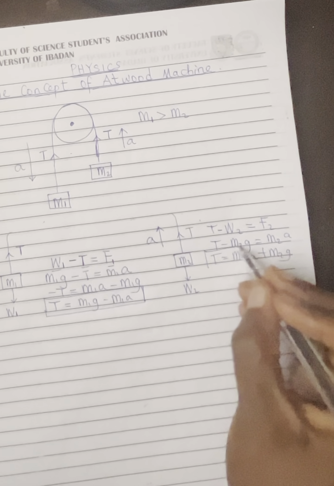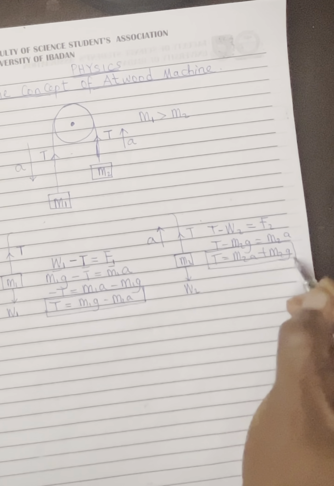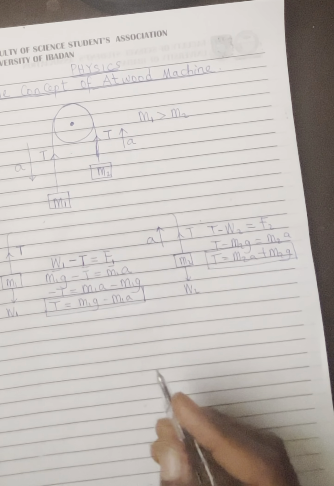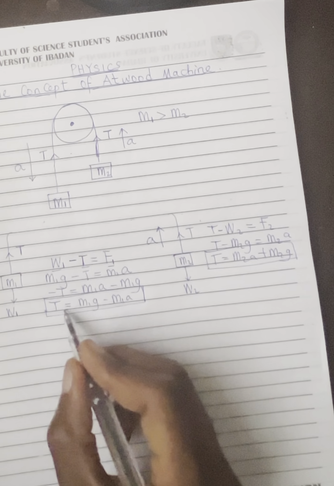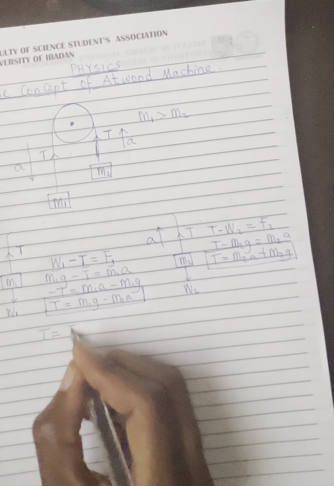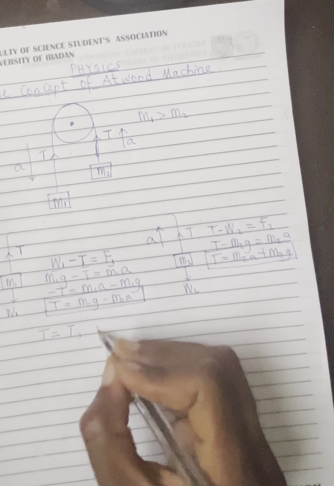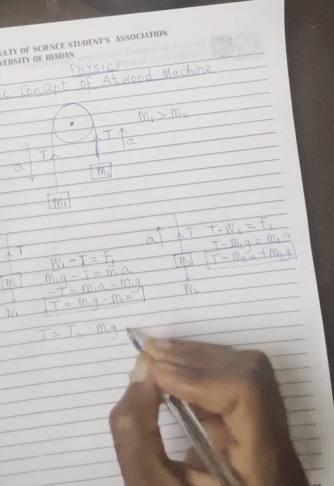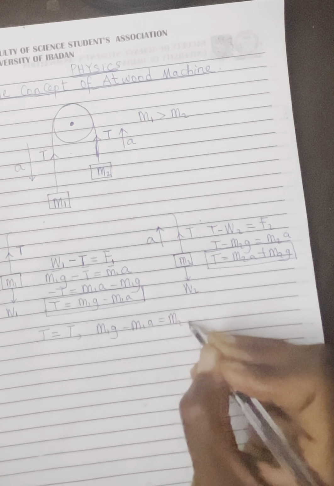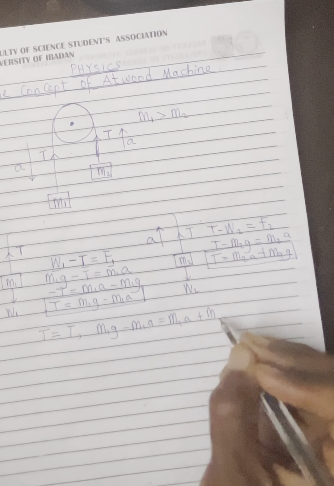And this is the second equation. Now, because they have common tension, I can easily equate the two tensions and say T equals T. The first T is M1G minus M1A equals M2A plus M2G.